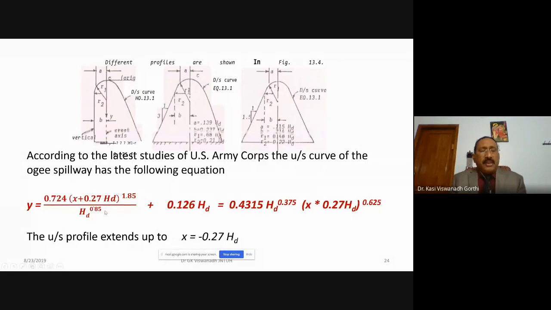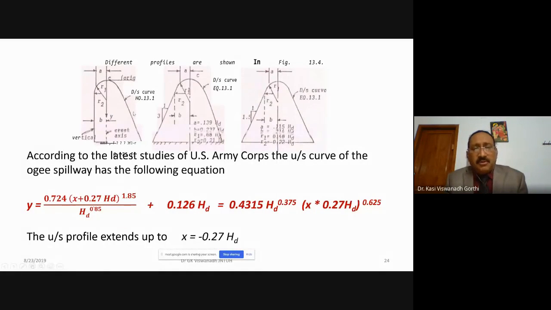So the upstream profile is with respect to point C in the figure. You can see this is the topmost point, the crest of the spillway, C.